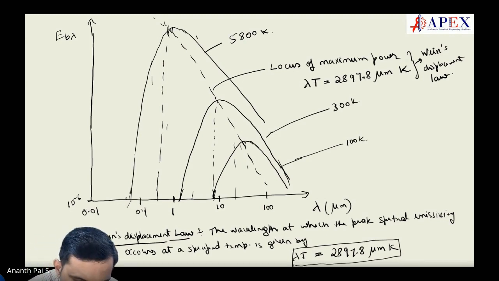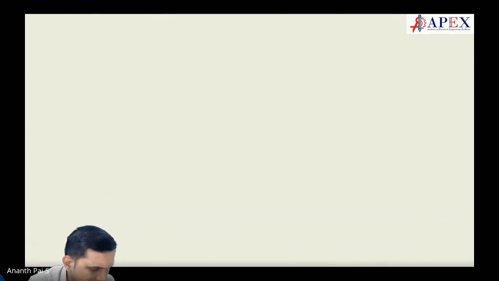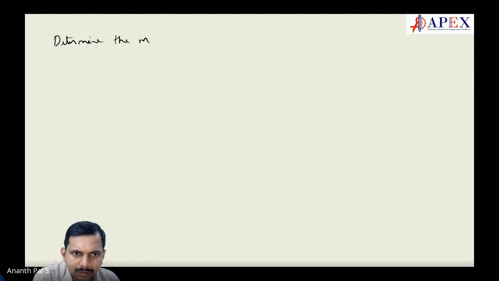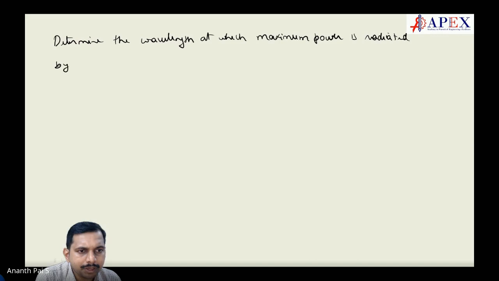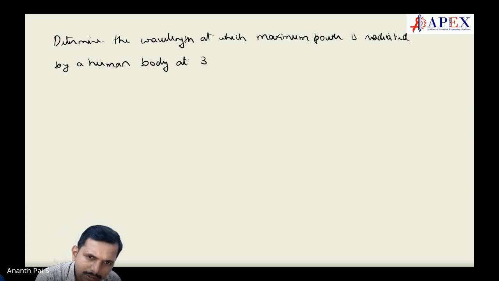Done. Next. Now let us understand this. Determine the wavelength at which maximum power is radiated by a human body at 36.8, right?